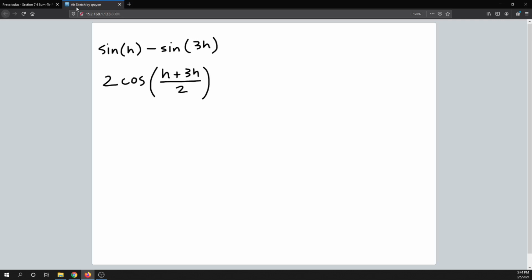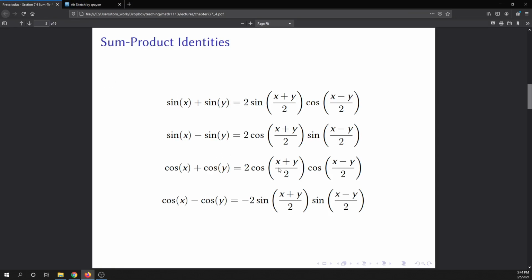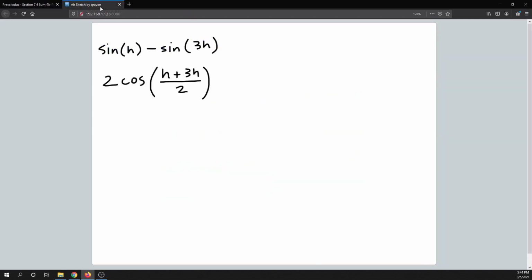All right, and then looking back at the formula, next up we have sine of x minus y over 2. So in this case, h is playing the role of x, minus 3h is playing the role of y, all of that over 2, like so.